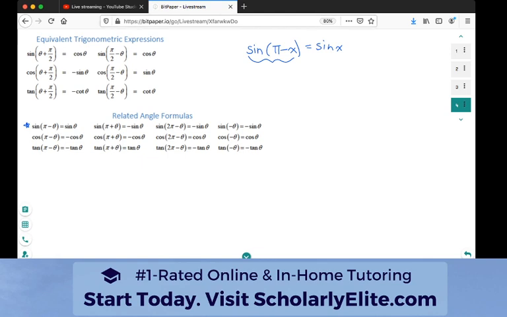You might even get, for example, one like this. For example, you might be asked to find the exact value of sine of pi plus pi by 6.